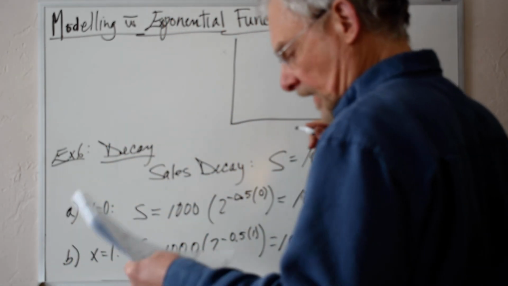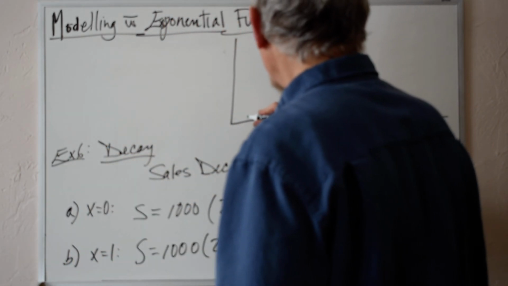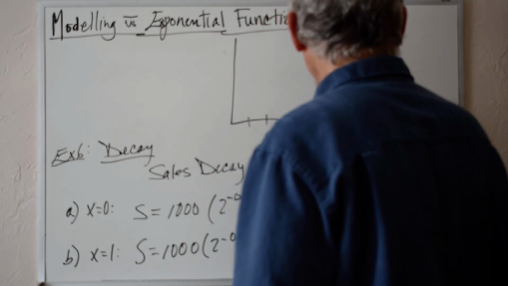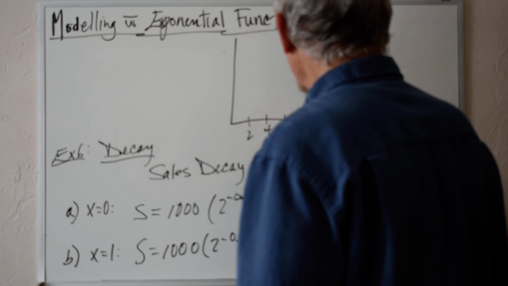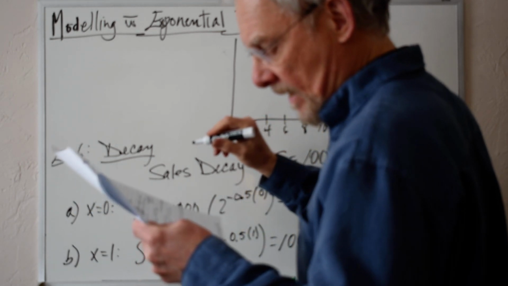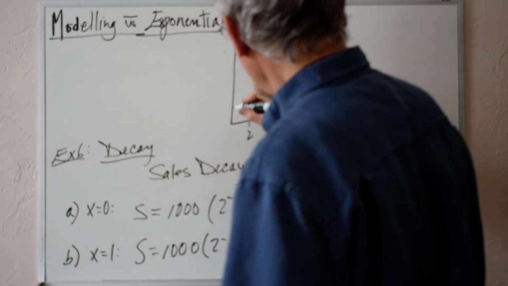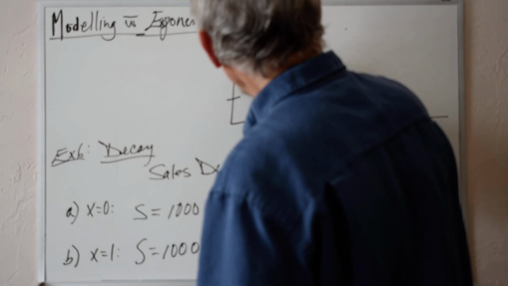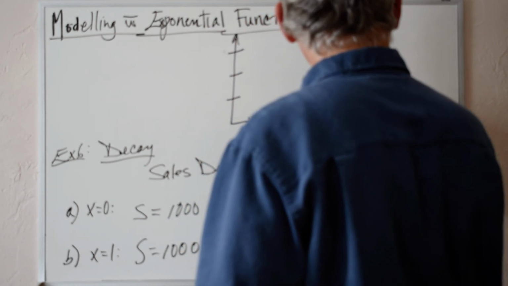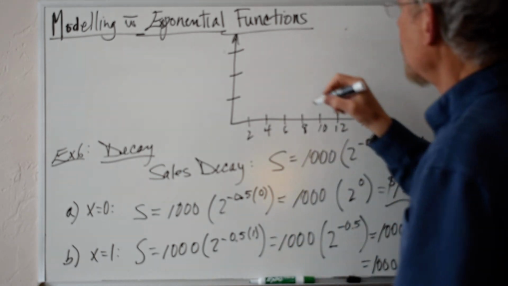And then finally, we're asked to graph this. I'll make a graph like this and indicate 12 weeks: 2, 4, 6, 8, 10, 12. And then here, sales: 400, 800, 1200. So that's my x-axis.